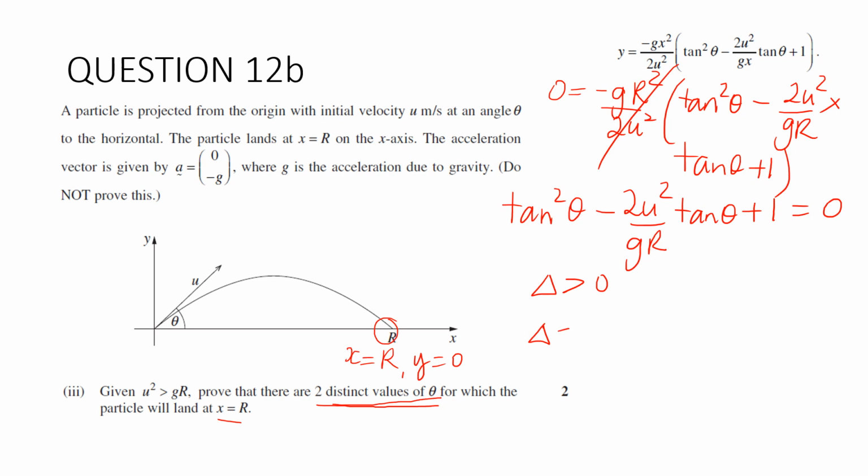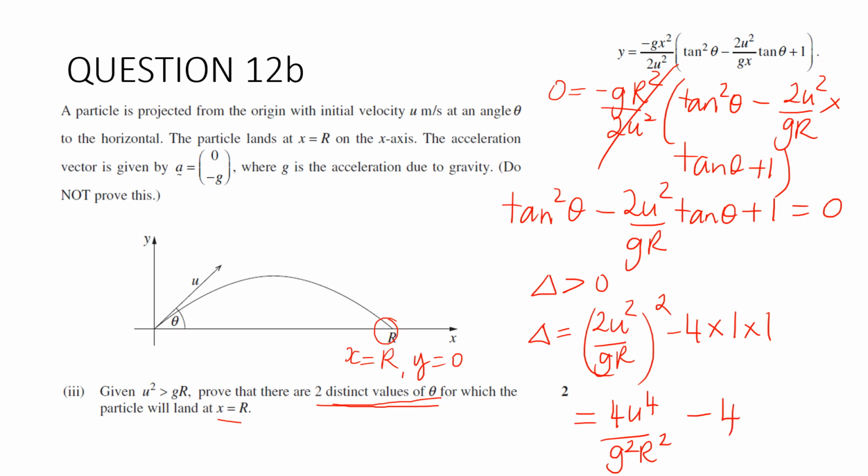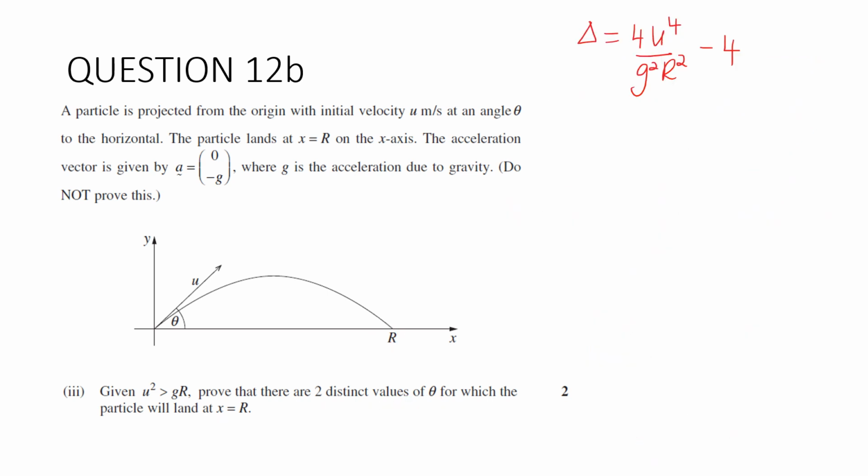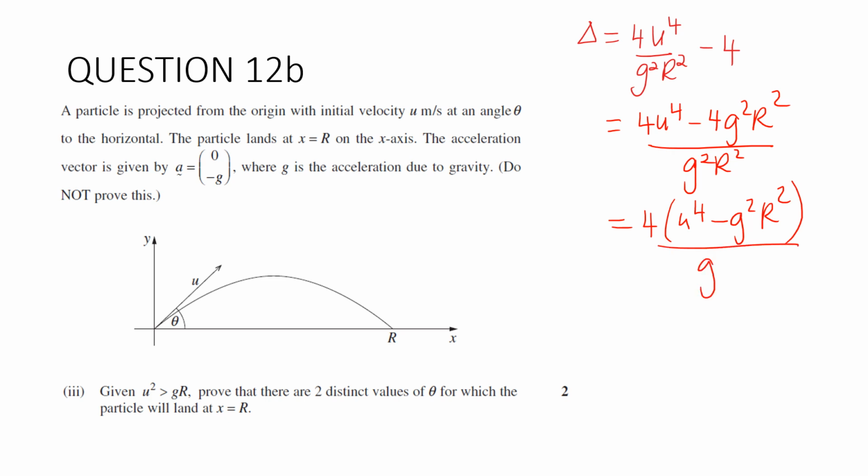And our discriminant is equal to b squared, so 2u squared on gr all squared minus 4 times a times c, which is equal to 4u to the power of 4 on g squared r squared minus 4, which is equal to 4u to the power of 4 minus 4g squared r squared on g squared r squared, which is, let's bring that 4 out, u to the power of 4 minus g squared r squared on g squared r squared.